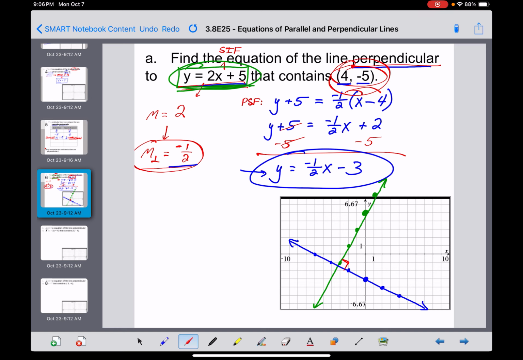So from the origin, I'm going to go 1, 2, 3, 4 units to the left, and then 1, 2, 3, 4, 5 units down. And sure enough, that point of 4, negative 5 is on the line that we came up with. So the graph makes me feel really good about this answer right here, everybody.